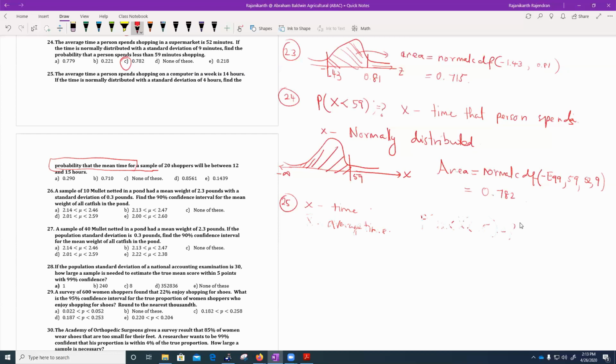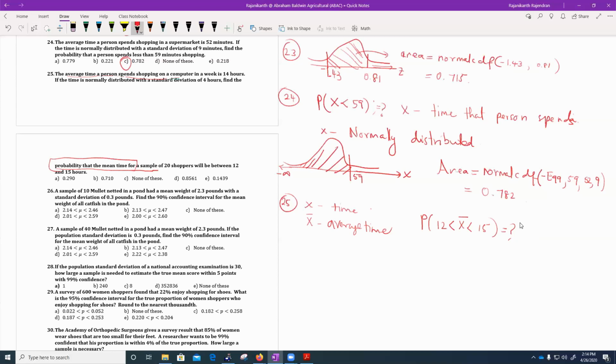But the given information is about the time, not the average time, okay? So the given information is for the time. So what do they mean? They mean that the average time a person spends shopping on a computer in a week is 14. So this is nothing but mu for this variable time.